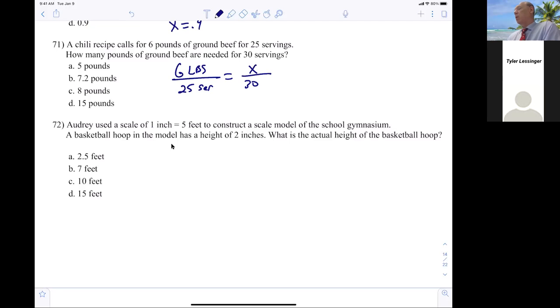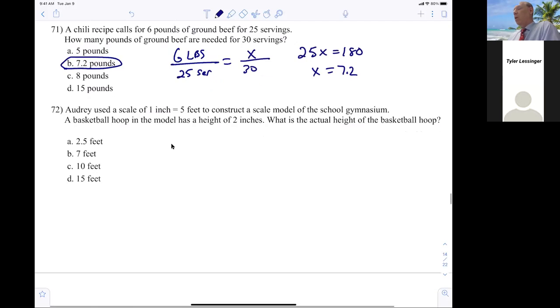And then you cross multiply. So you have 25x equals 180. So is that 7.2? Somebody do 180 divided by 25. Is that 7.2? All right, 7.2. Correct answer is B.